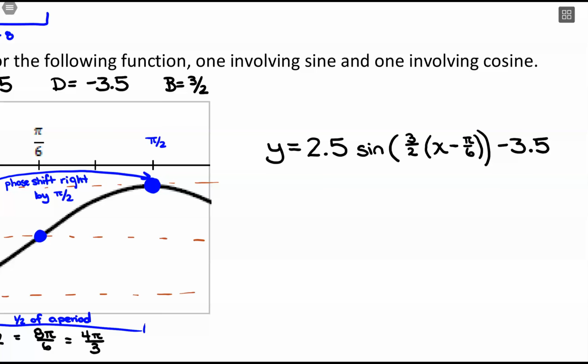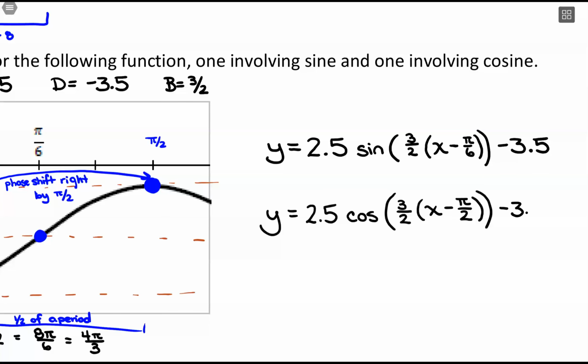So, for cosine, we'd have y equals the same amplitude. We're now using cosine. In parentheses, same value for b. And now we're doing x. It's a shift to the right, so it'd be subtraction by pi over 2. Close those parentheses all up, and then midline of negative 3.5.